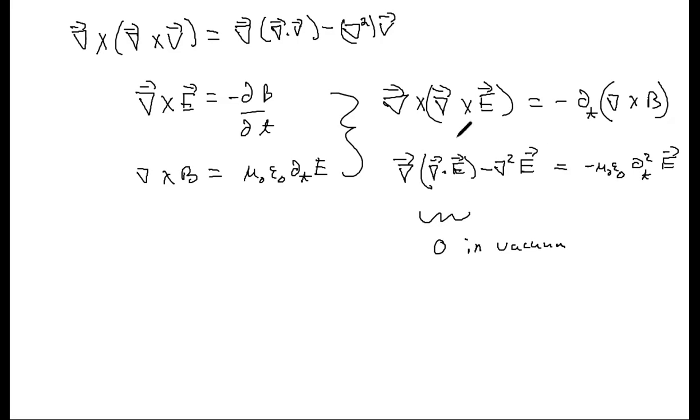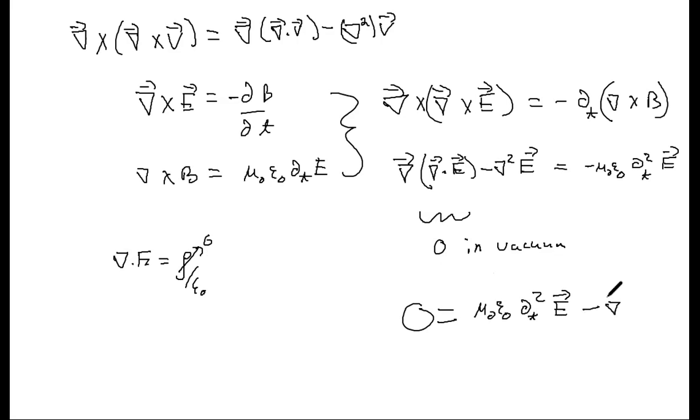Remember, Gauss's law in differential form says that the divergence of E is the charge density, which we're taking to be 0, over epsilon naught. So I'm left with the following equation: 0 equals mu naught epsilon naught partial with respect to time squared acting on E minus gradient squared acting on E.